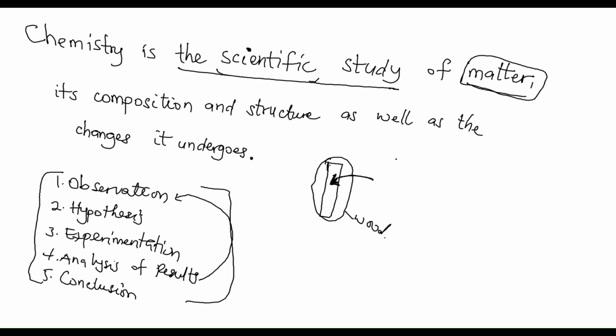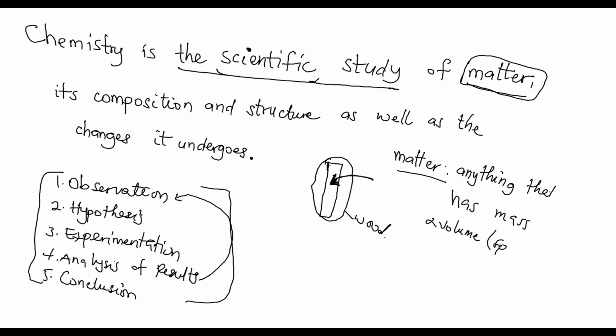So one thing we're saying is matter. What is matter itself? Matter, we know, is anything that has mass and occupies space, right? Anything that has mass and volume. Volume is occupying the space we are talking about. So an example is the wood.